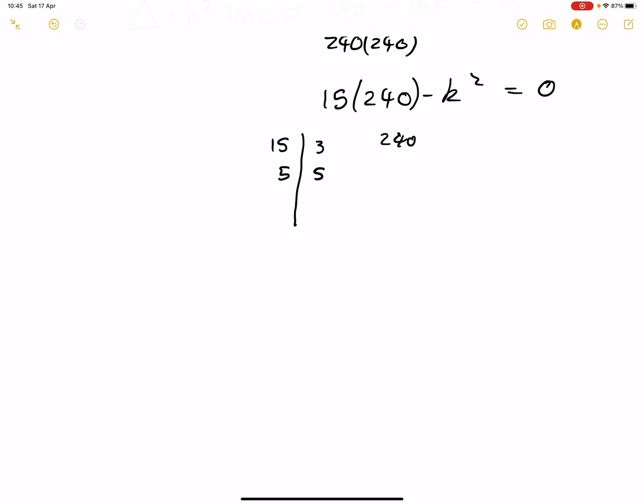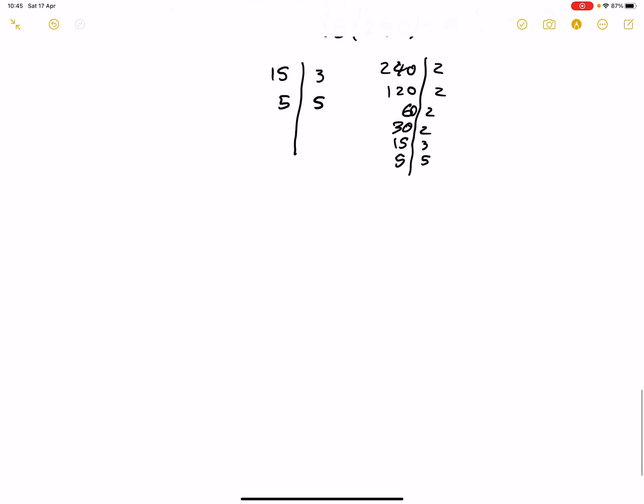240 has 2, 120, 2, 60, 2, 30, 2, 15, and then 3, 5. And so that means that we have 3 times 5 times 2 to the 4 times 3 times 5.